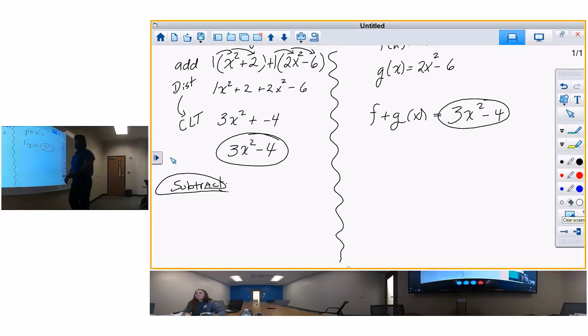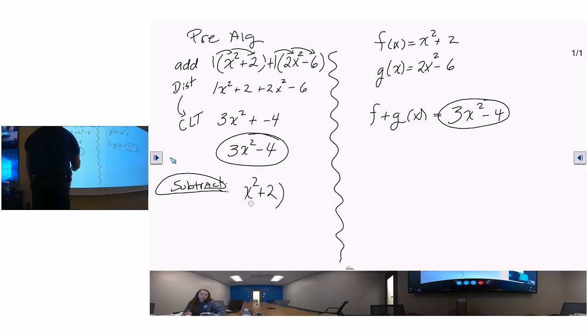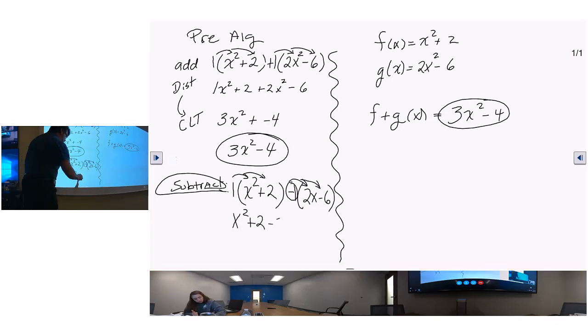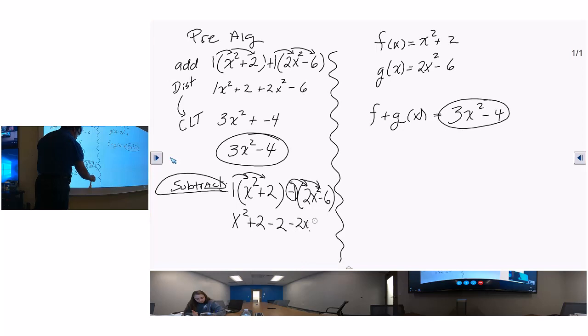So, take the subtraction. We do x squared plus 2 minus 2x squared minus 6. And there's a 1 here, I distribute that 1, and there's a what here? A negative 1, and I distribute there. And I get x squared plus 2 minus 2x squared plus 6.